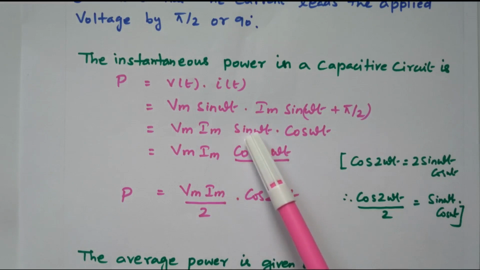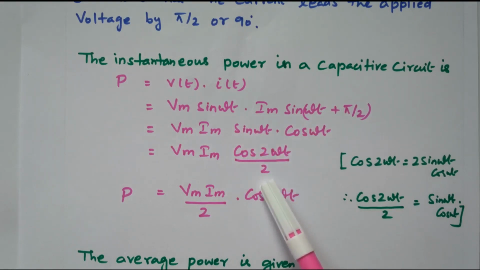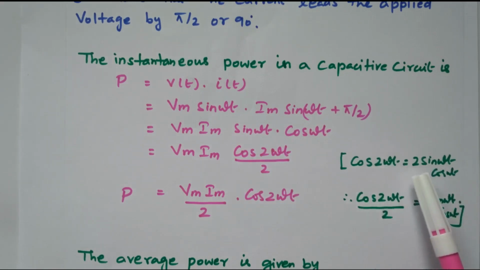So sin omega t into cos omega t can be written as sin 2 omega t divided by 2, based on the formula sin 2 omega t equal to 2 sin omega t cos omega t. Bring the 2 to the denominator, so sin 2 omega t divided by 2 is equal to sin omega t into cos omega t.